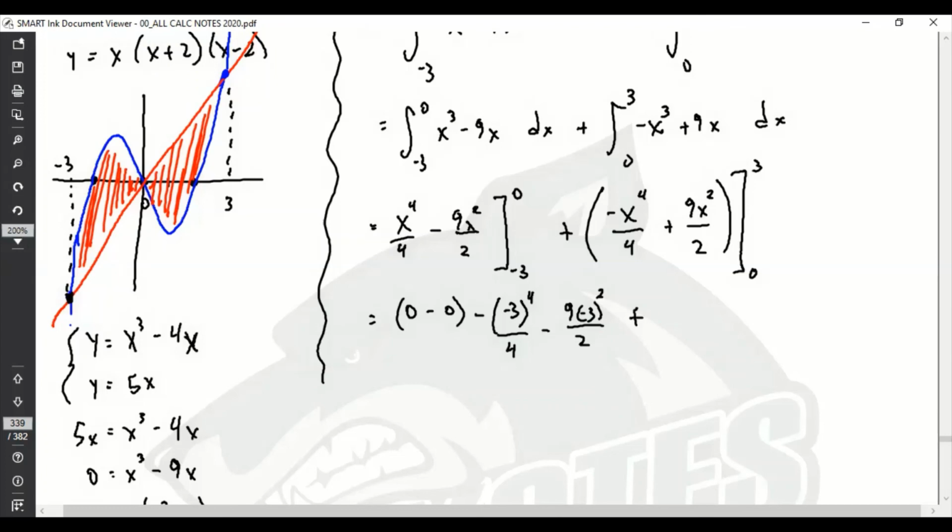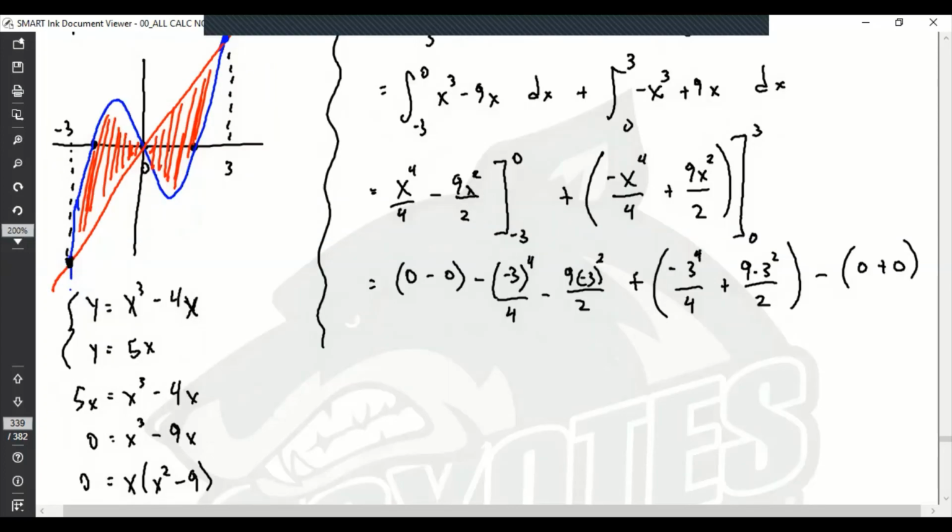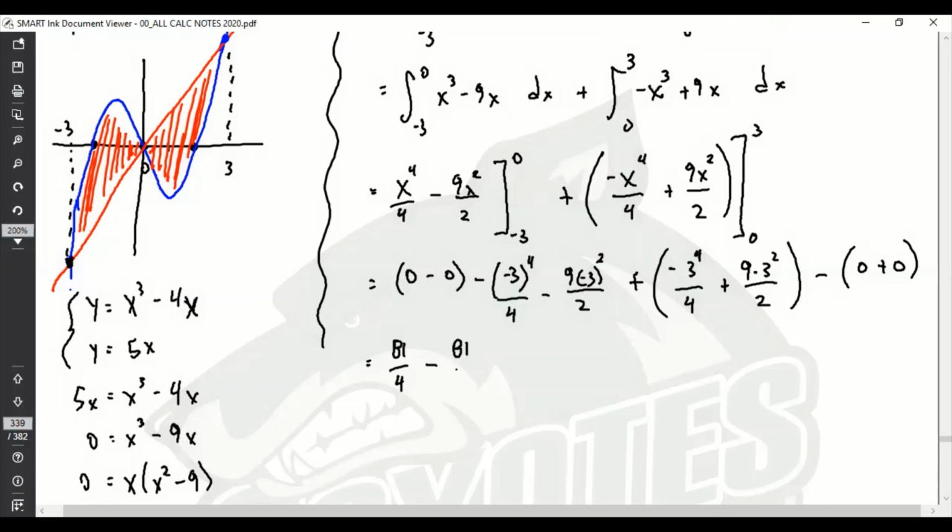Plus, now we start with a +3, so -3 to the 4 over 4 plus 9 times 3 squared over 2 minus zero. We simplify all this down, this ends up being 81/4 minus 81 over 2.